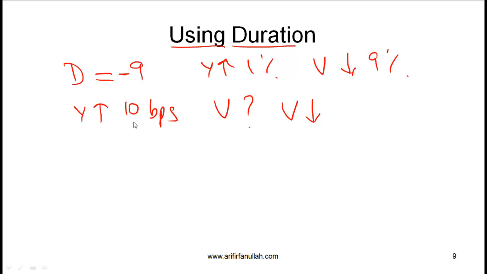So 10 basis points, which is equal to a 0.1% increase in yield, would mean that the value must go down by 0.9%. So 1% increase in yield, value down by 9%. 1/10 of that, so a 0.1% increase in yield, means the value should go down by 0.9%. So you should be able to do examples like this quite easily.